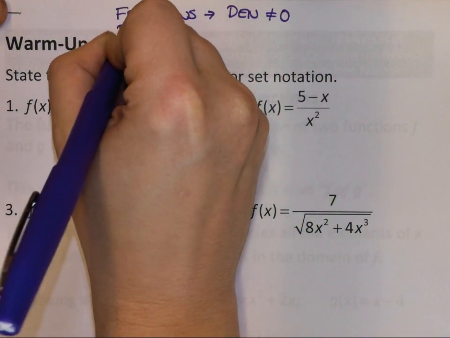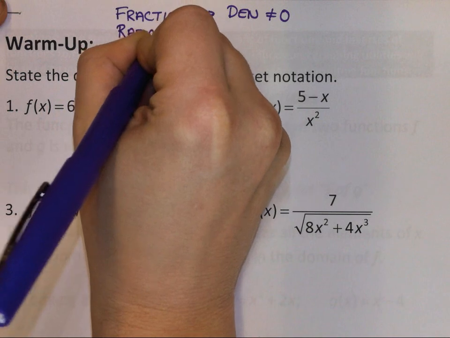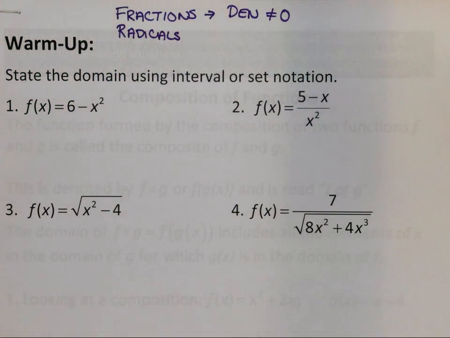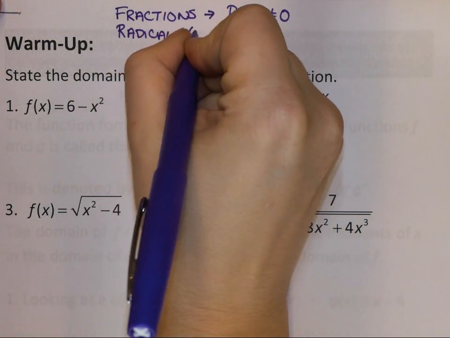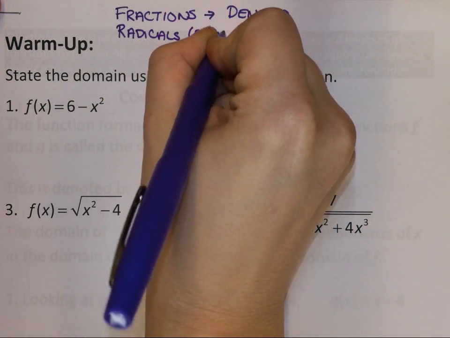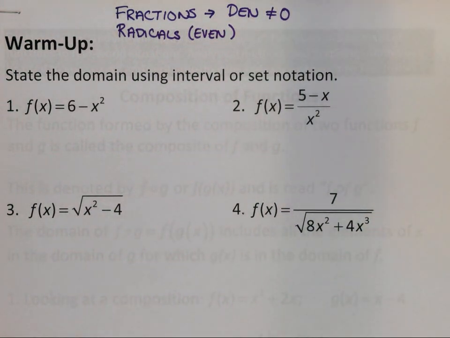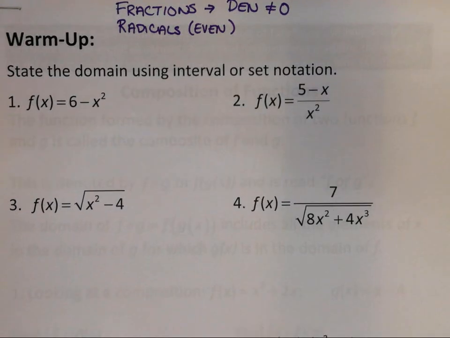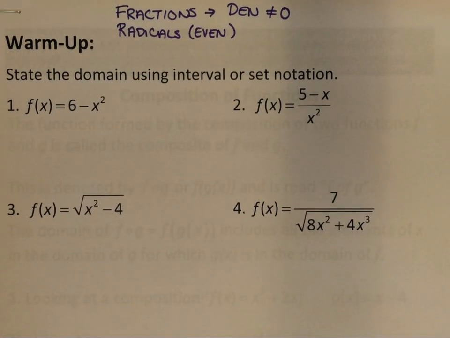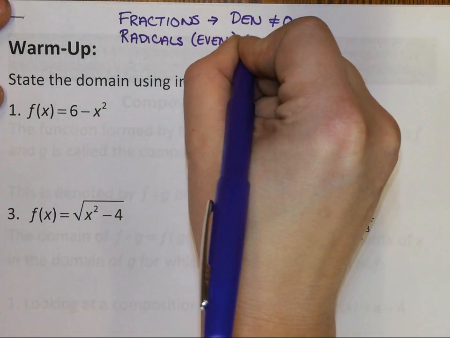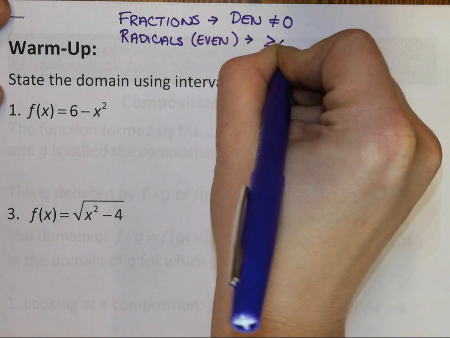We call those radicals. But not just any type of radical. Radicals with even roots. What's true about those? They have to be greater than or equal to 0.